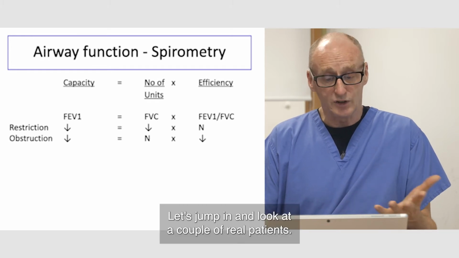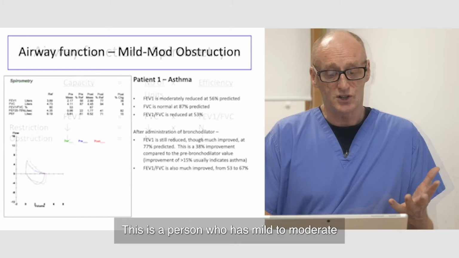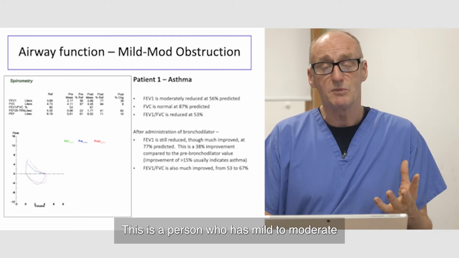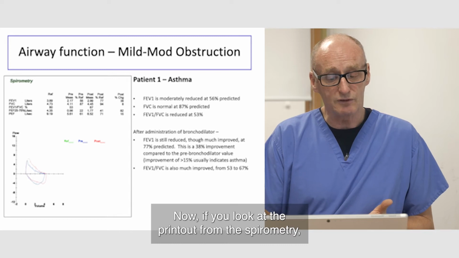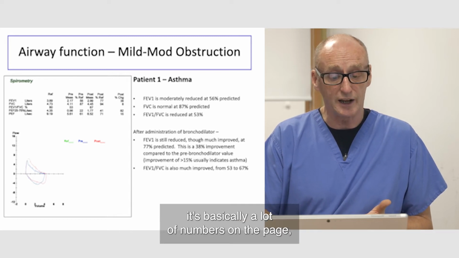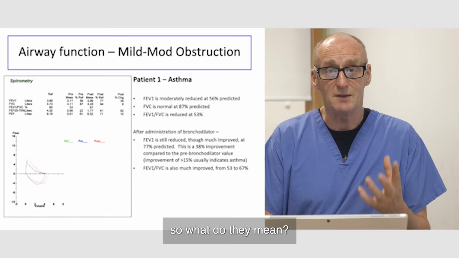Let's jump in and look at a couple of real patients. This is a person who has mild to moderate airflow obstruction due to asthma. Now, if you look at the printout from the spirometry, it's basically a lot of numbers on the page. So what do they mean?